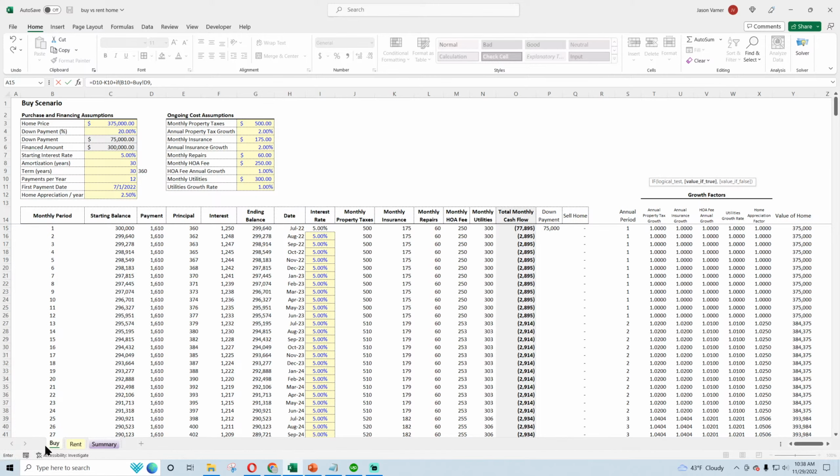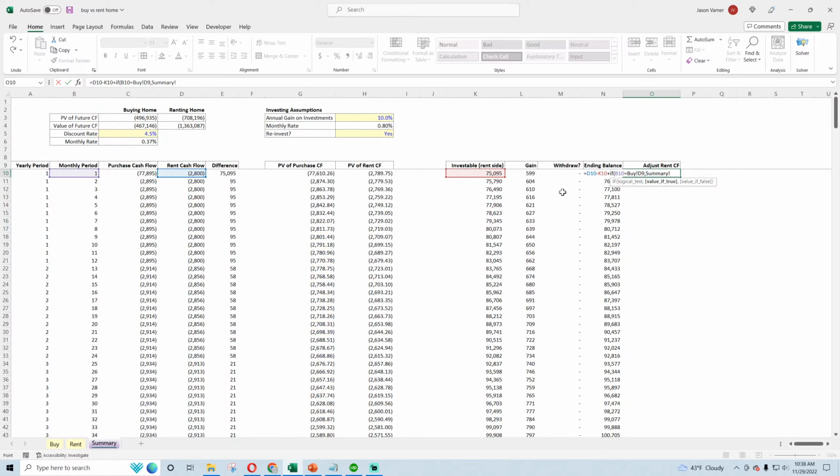So if that equals that, then we want this ending balance in N10. Otherwise, just give us the other total. And now this gets very interesting. Let me make sure this is locked. That's locked.